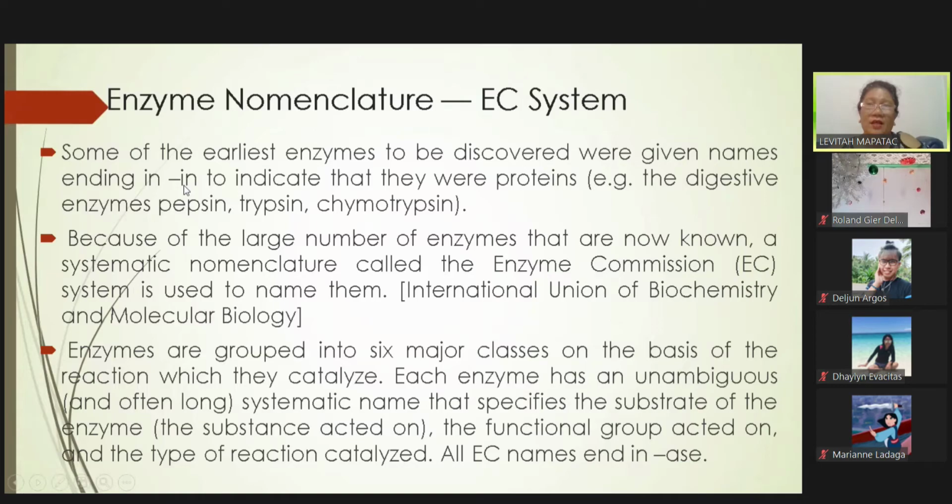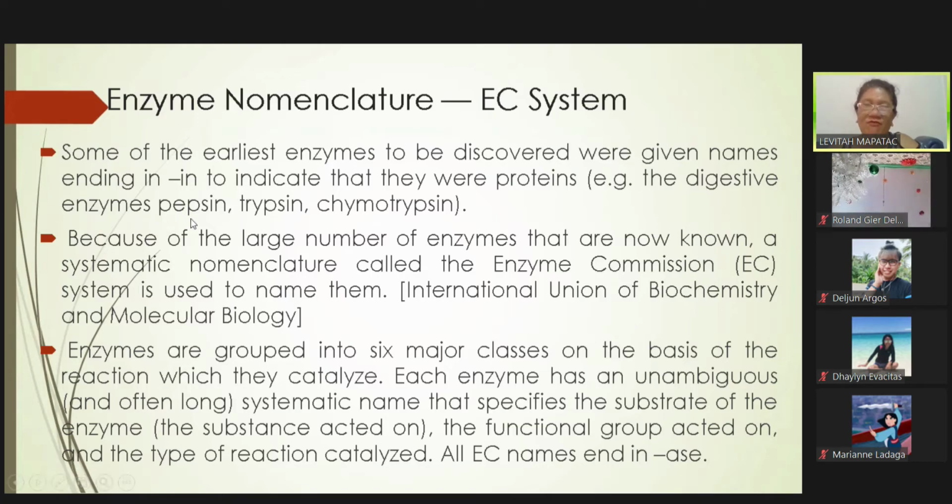Actually, those early discovered enzymes do not have an ase ending. For instance, the enzyme pepsin, mostly those early discovered end with in, from protein. That is because it's a protein. So that's the old way of naming it, but it did not change.